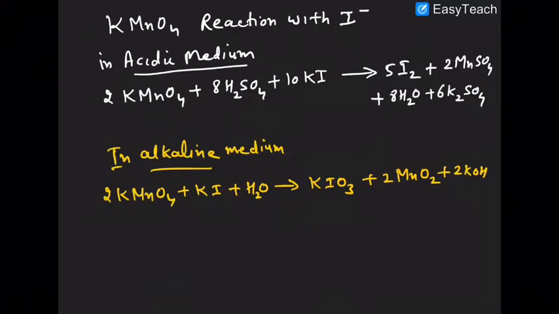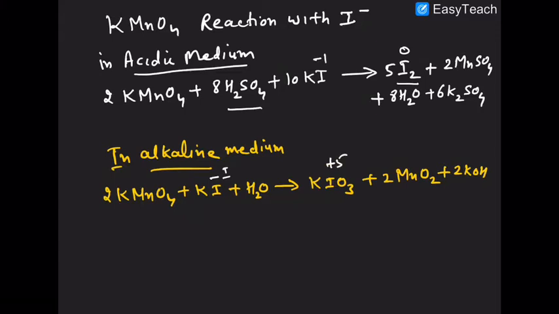Next is the reaction of KMnO4 with iodide ion. This reaction is very important, because when KMnO4 reacts with iodide ion in acidic medium, it will transform to I2. So it becomes -1 to 0. But when alkaline KMnO4 is taken, then the -1 oxidation state of potassium iodide transforms into +5 of KIO3.